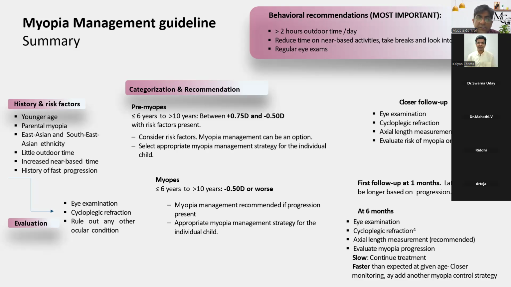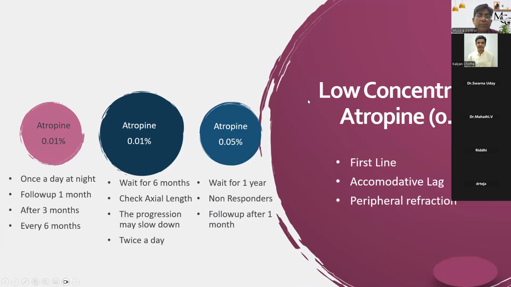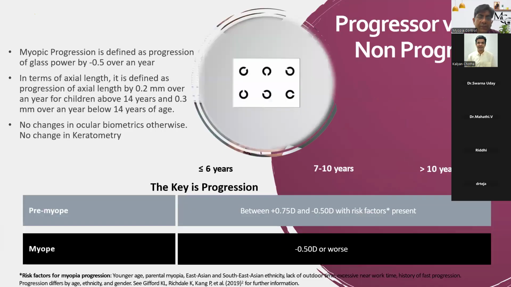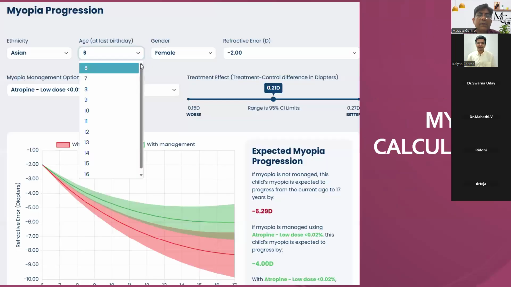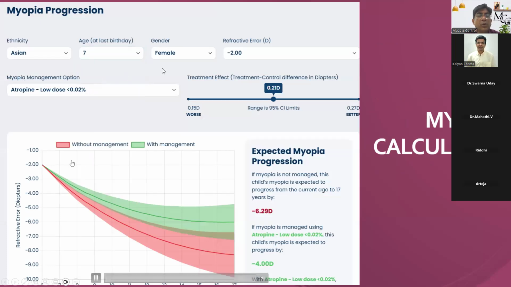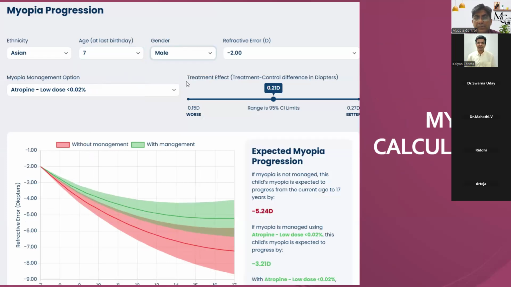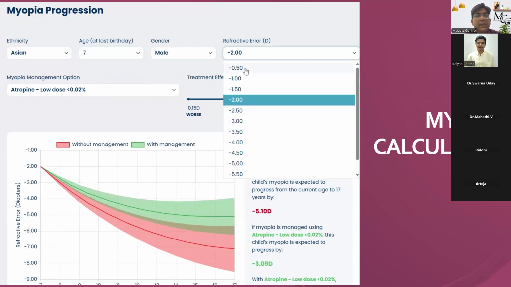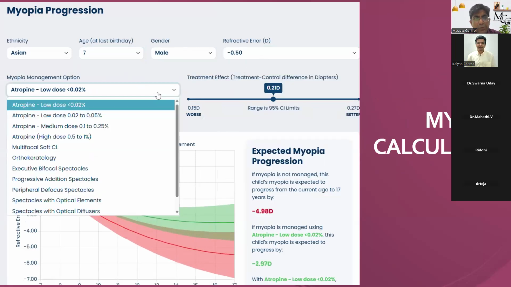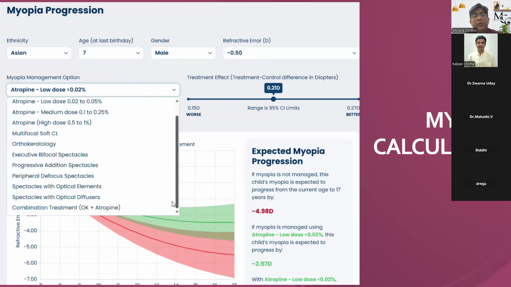So if you see this, I will tell you. If you go back to this, even this BHVI calculator, what they have got is, see, low dose atropine 0.02%, the one which we were discussing. And if you pull this drop down, you will see 0.02, 0.05, 0.5 to 1%.